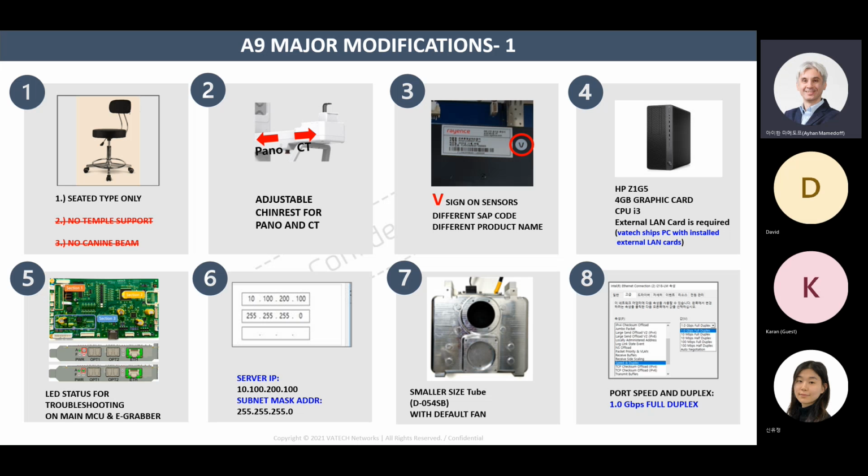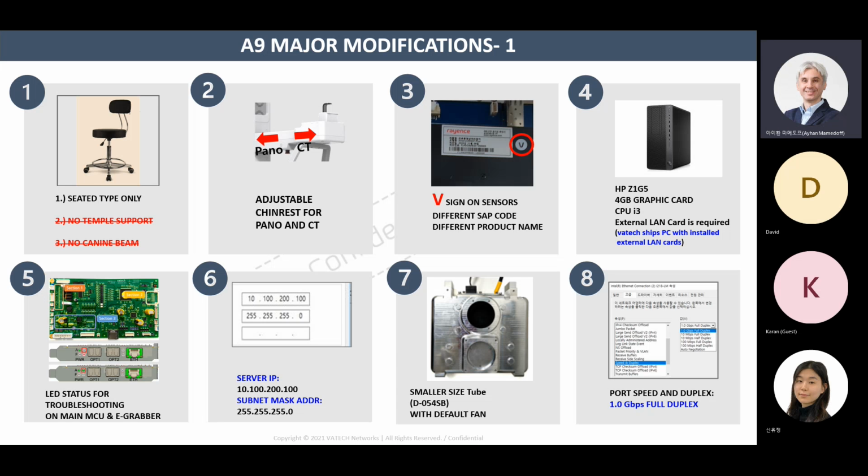It will also have a different SAP code, and the product name will also be different. Maybe there will be A9 at the end of the name. But in order to recognize it by looking at it, you always have to check this V sign on it.